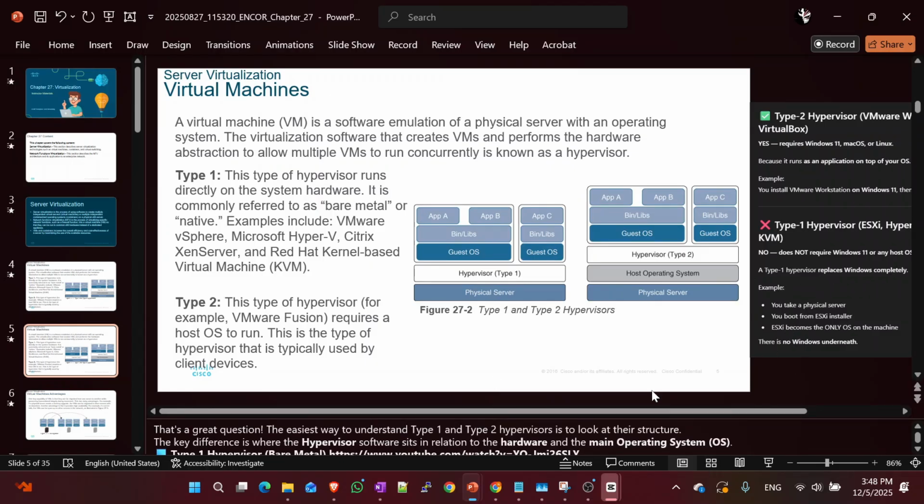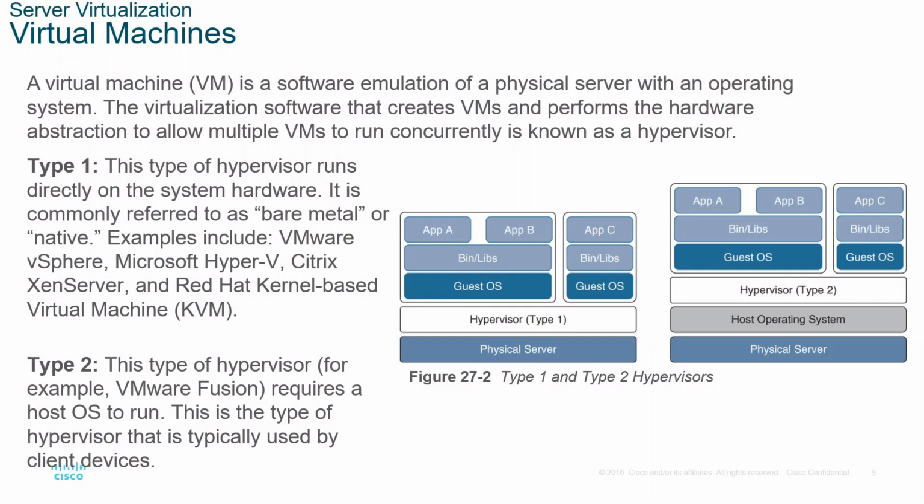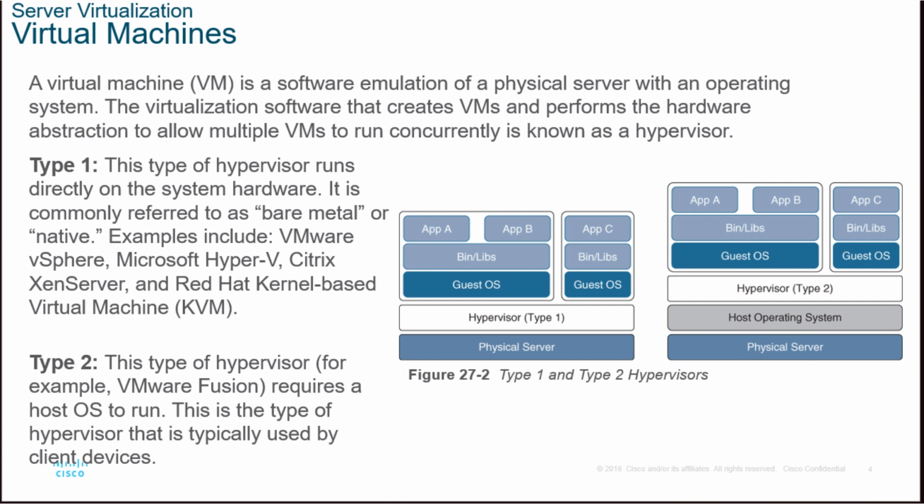The way I can give you an example for this is imagine you want to install a game, and you're installing that game on your PC, or you get that game on the PS5. What's the difference? This is where type 1 and type 2 come in. Type 1 is the PS5, which is dedicated for playing.